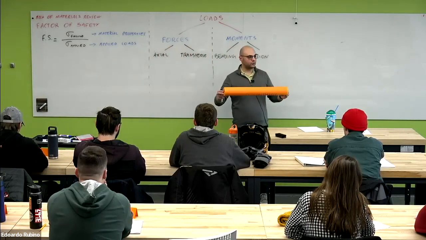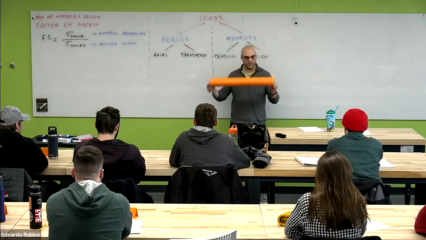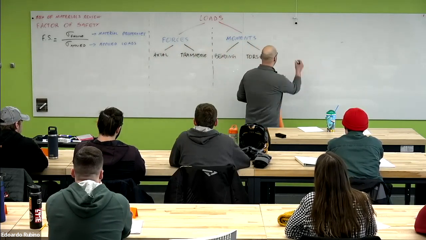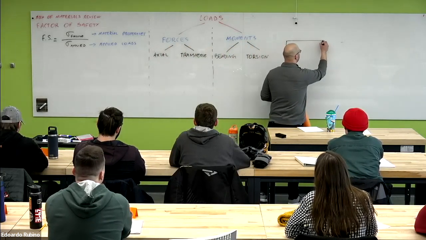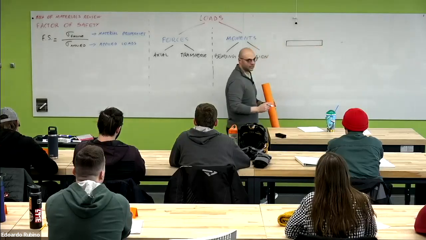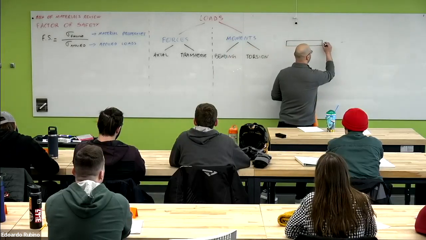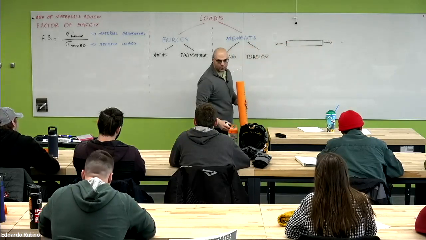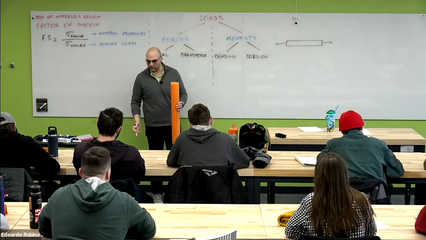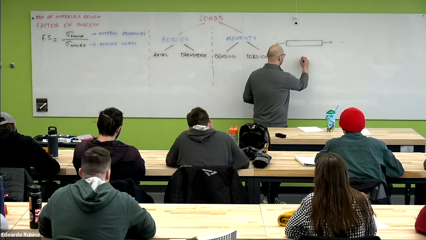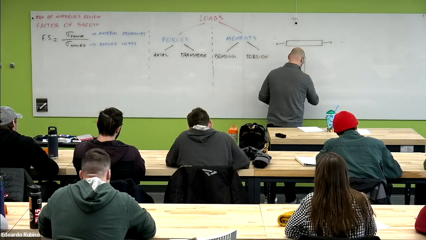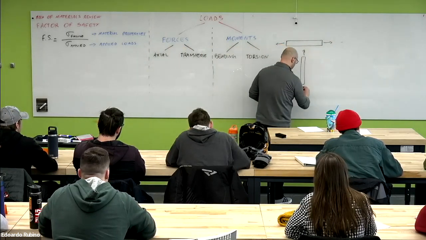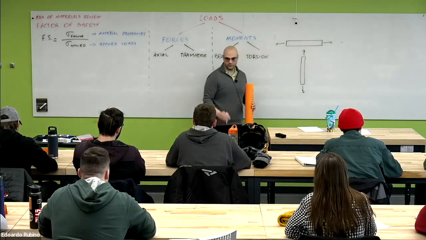So the absolute orientation of the beam doesn't matter. For example, if we have a beam that looks like this, this would be an axial load. If we have a beam that looks like this, it would be an axial load as well.